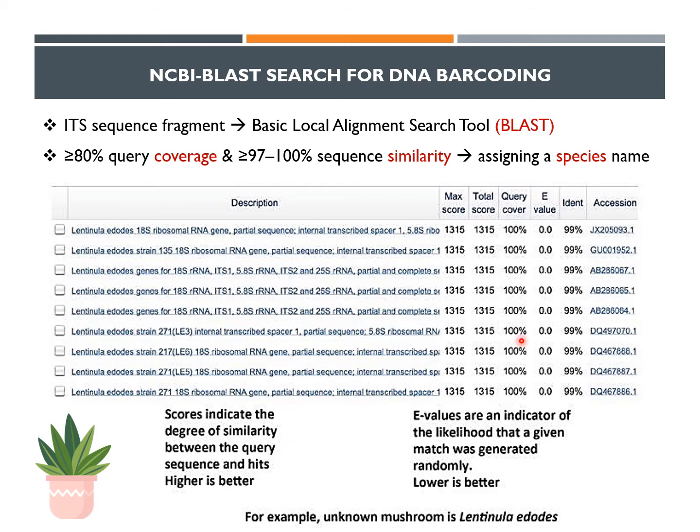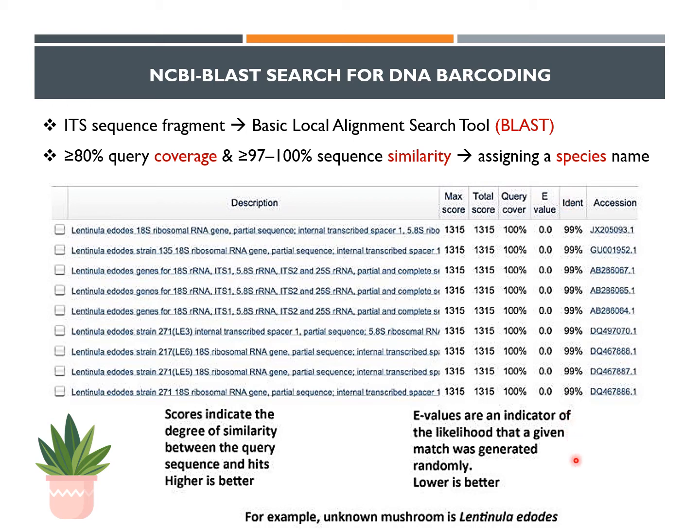All these scores indicate the degree of similarity between the query sequence of your unknown and the hits from the database. For the query coverage, the higher is the better. And also with the sequence similarity, which is the identity here, the higher is the better as well.